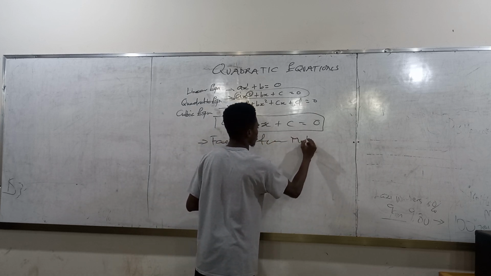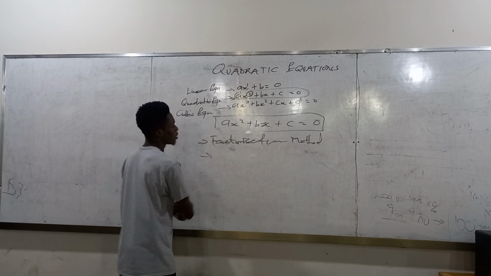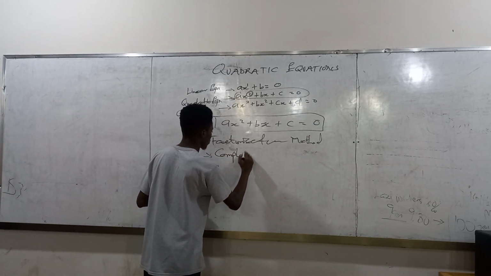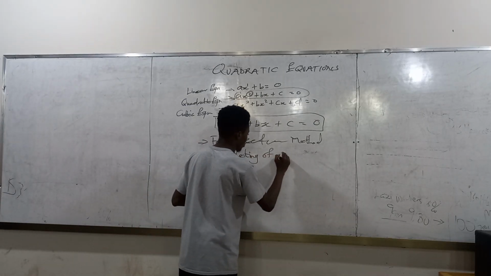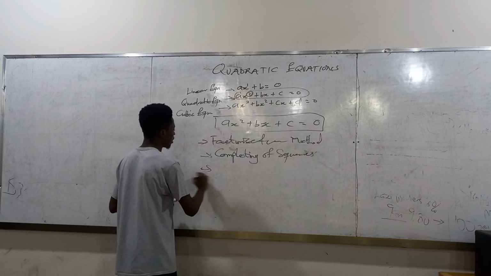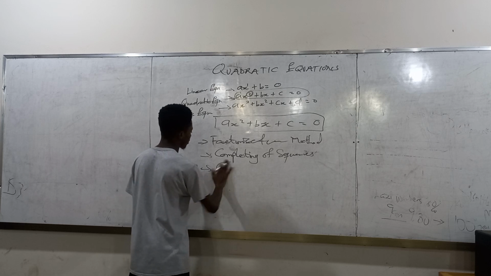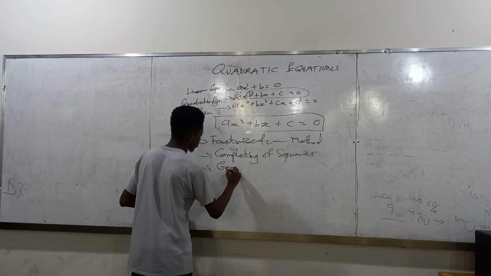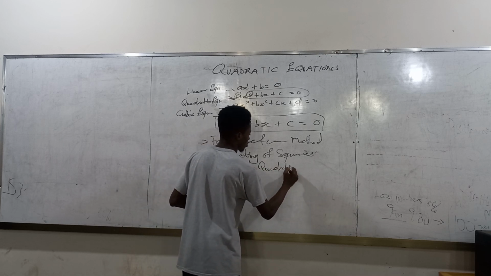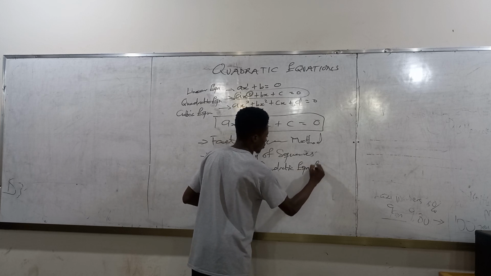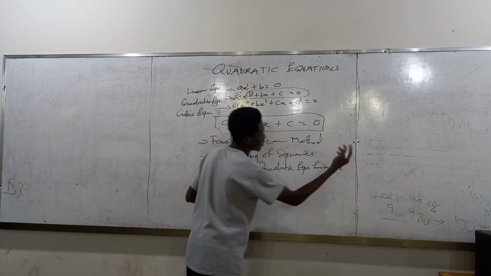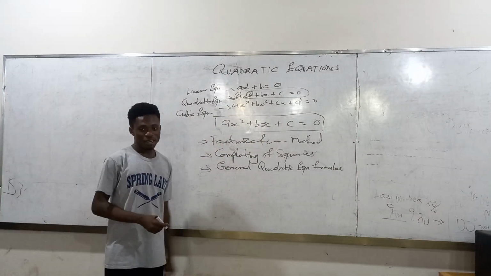The second one is using the completing of squares method, and the third one is using the general quadratic equation formula, normally known as the almighty formula.